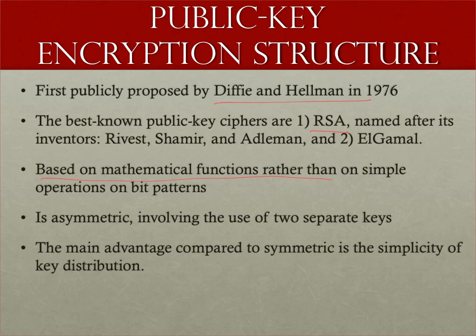ماشي? So the main advantage compared to symmetric keys is the simplicity of the key distribution. Again, simplicity. Some people think that key distribution for public key cryptography has 0 overhead. No, it has some overhead. So we'll talk about this. It's not 0, but it's definitely less than for symmetric keys. Why?